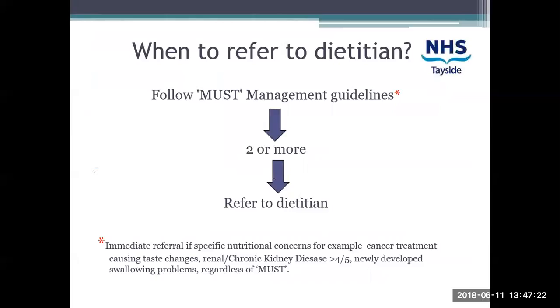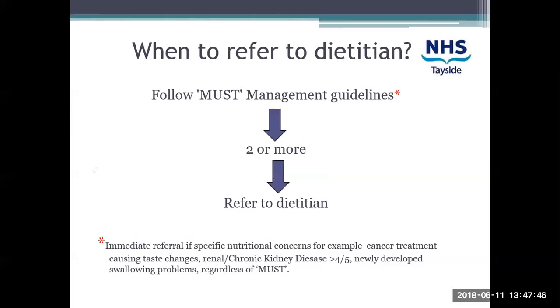Okay, so when to refer to a dietitian? So after following the MUST management guidelines, if they've got a MUST score of 2 or more, we're looking for you to refer to the dietitian. But again, it's not solely on MUST. So as we've discussed already, there are other indications, which we've just highlighted at the bottom as well.